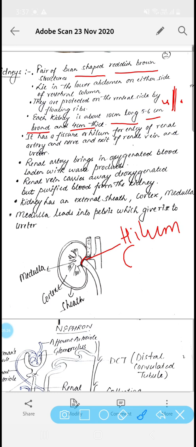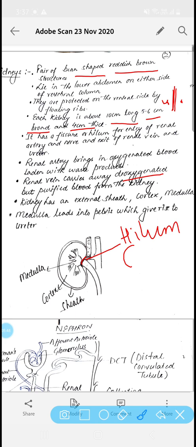Clear? So the renal artery brings in the oxygenated blood laden with the waste product, and the renal vein carries away the deoxygenated but purified blood from the kidney. Clear?